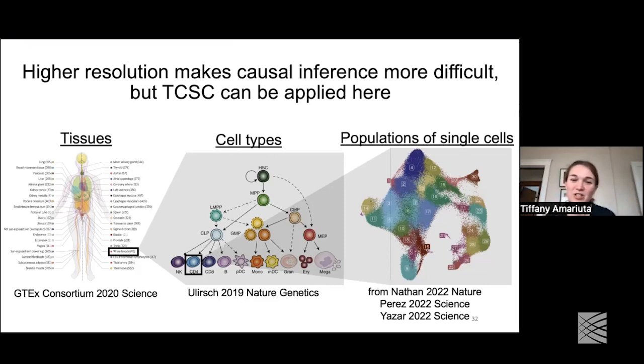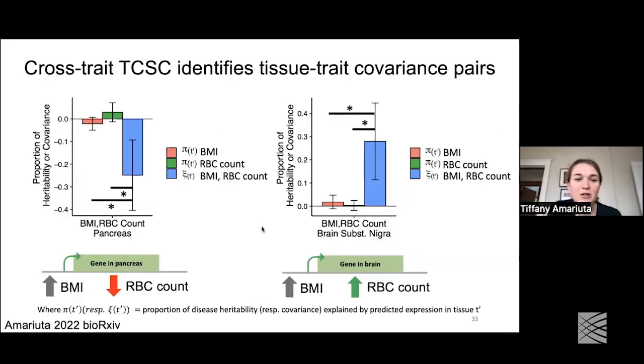So you can imagine a scenario, moving from tissues all the way to populations of single cells, that you could have neighboring clusters of single cells that probably have shared gene level effects on disease. And so this example of playing around with the model assumption violations is actually quite important, because that would represent what would very realistically happen if we were to apply TCSC to single cell data, which is on the pipeline.